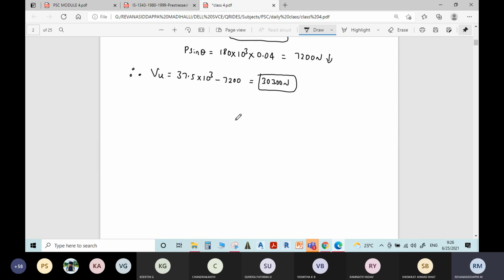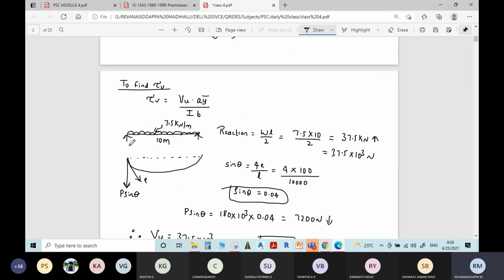Okay, have I understood this part? Finding the shear force Vu: Vu will be equal to the combination of reaction at the support and the vertical component of the prestressing force. Reaction at the support is this much, which is in upward direction.